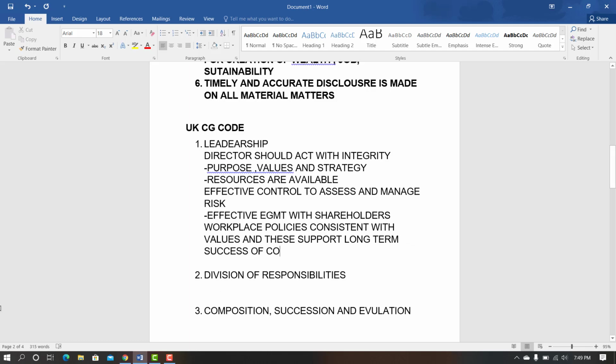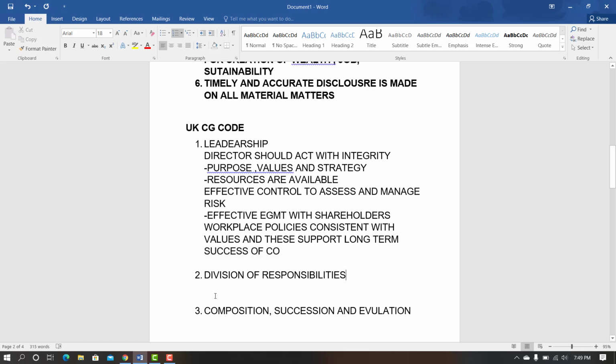So under leadership, directors should act with integrity, establish purpose, values and strategy, ensure necessary resources are available, have effective control to assess and manage risks, have effective engagement with shareholders, and ensure workplace policy consistent with values, which will help support long-term success. So here the main points are integrity and long-term success of the company.